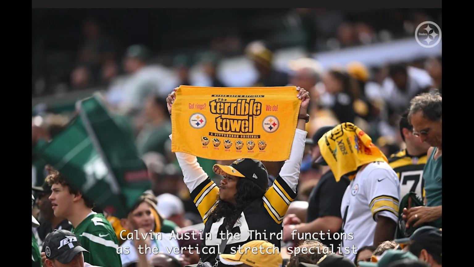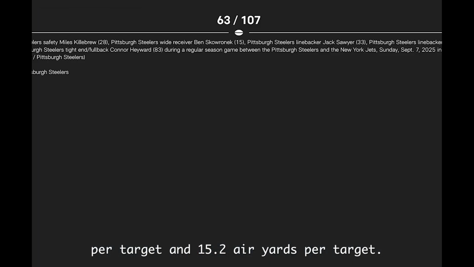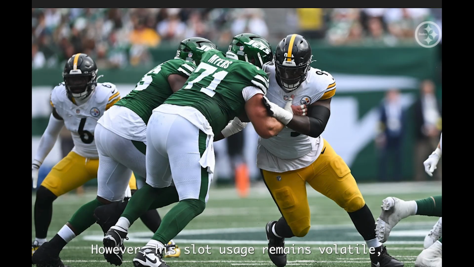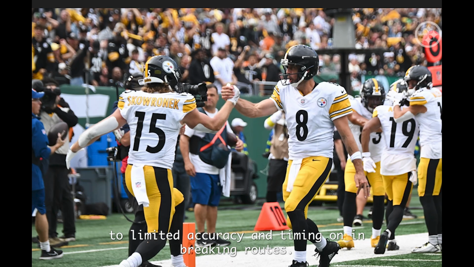Calvin Austin III functions as the vertical stretch specialist, most effective outside, plus 1.02 EPA per target and 15.2 air yards per target. However, his slot usage remains volatile, negative 0.39 EPA per target, due to limited accuracy and timing on in-breaking routes.